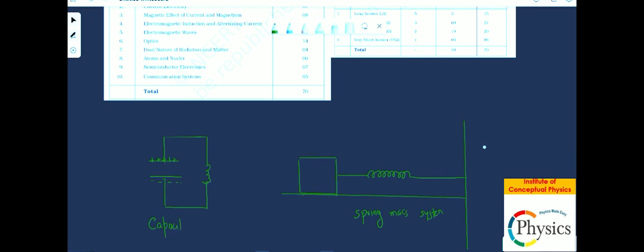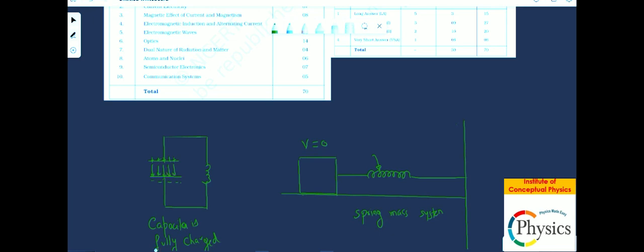The equivalent situation in a spring block system is that the initial position of the mass is when the stretching of the spring is maximum. So the whole energy is stored as potential energy and is referred to as half kx square, right? And similarly, when the capacitor is charged, the complete energy is in the form of electric field.